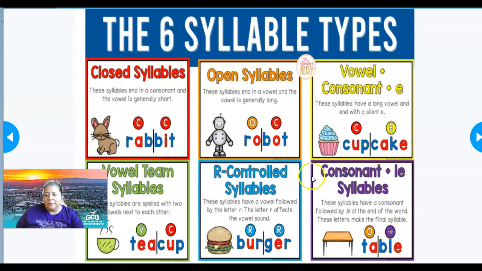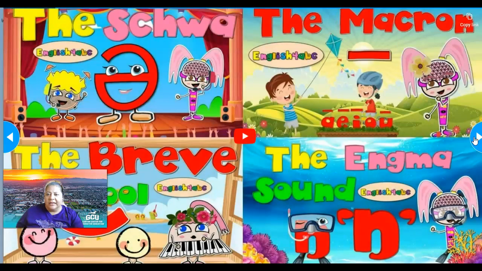So these syllable types are helpful and also help us know how to say the vowels, but we also need to know how to mark those vowels. So this is a video that I will include in your resources as well. This is how to mark the vowels, and as you see, it's made for kids.